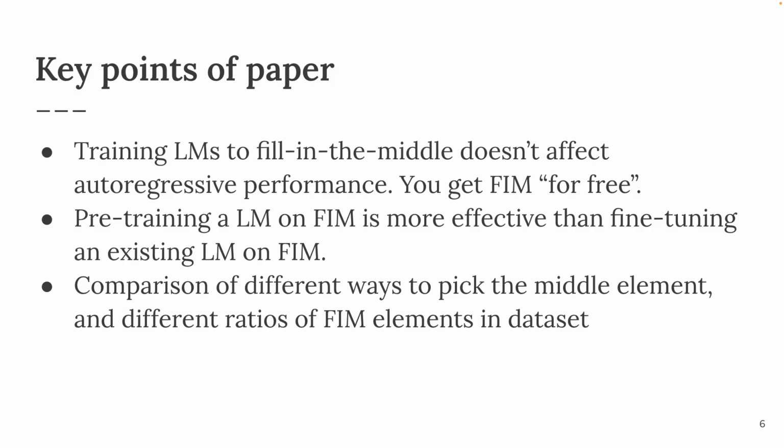And the best trade-off, from what I recall, seems to be that 50-50 fill in the middle and normal is very good. And I believe one sentence was the best one. But those are the main things that I wanted to cover for this paper.